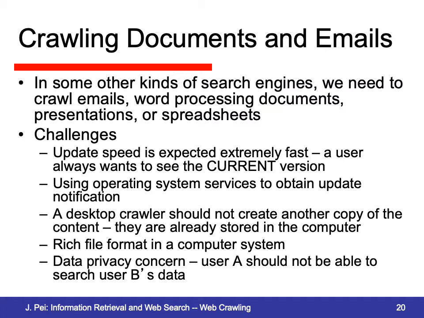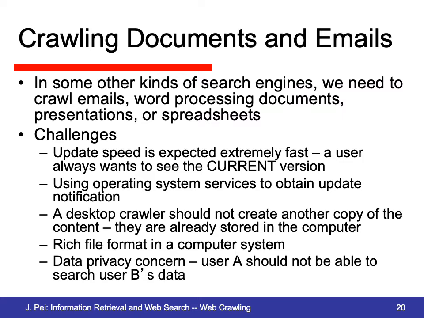Third, a desktop crawler should not create another copy of the content because those documents are already stored in the computer, and creating another copy could be too costly. And in the computer system, there may be very rich file formats.